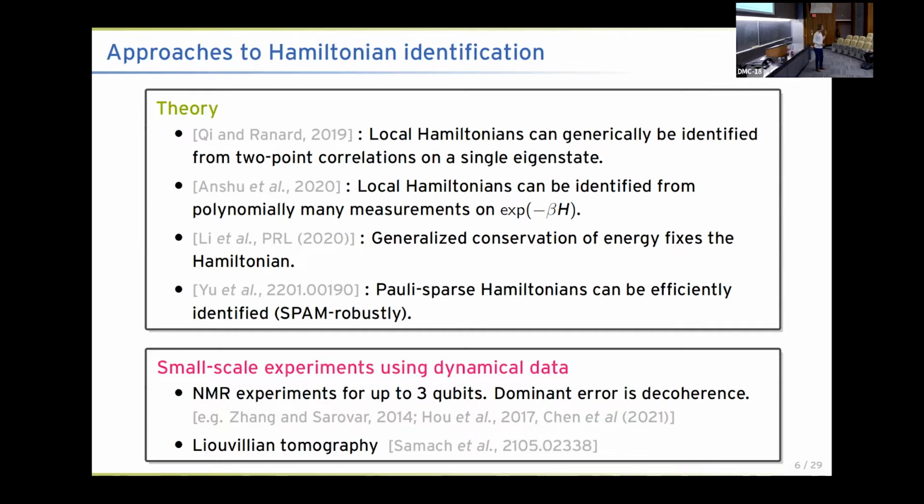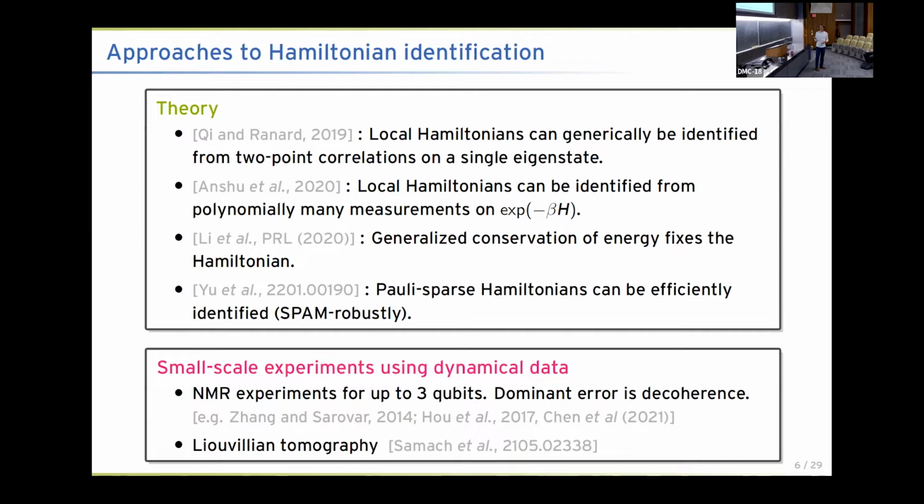On the other hand, there are very small scale experiments, mostly in NMR systems up to 3 qubits or so. And there's this method by Zhang and Zarawa, which is actually in spirit quite similar to what we do. Although I think it's in the end not going to be as robust to the kinds of errors that we actually see in dynamical systems.